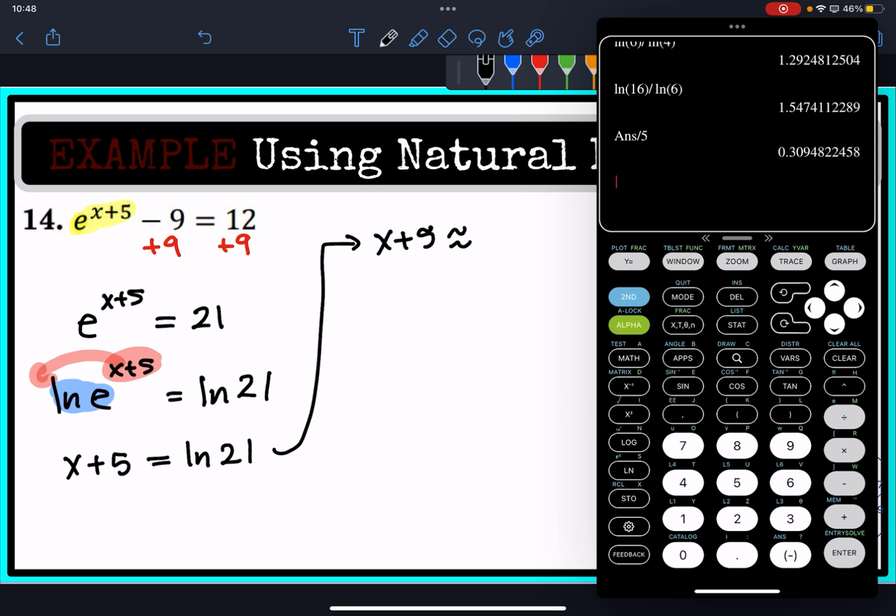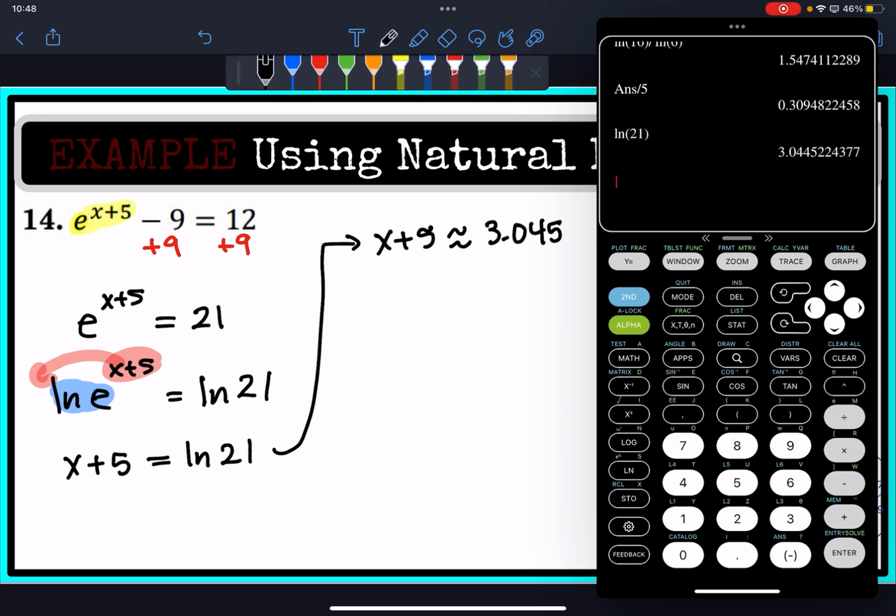So let's approximate the natural log of 21, which is 3.045. And to solve for x now, we subtract 5.